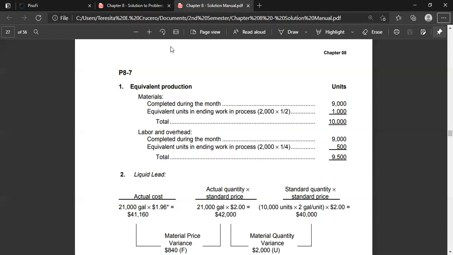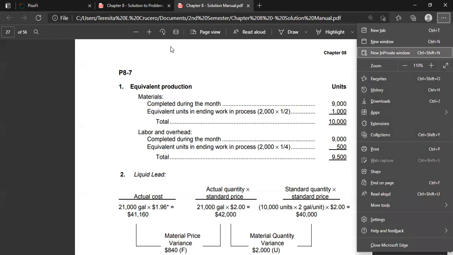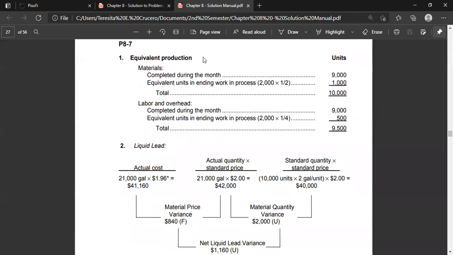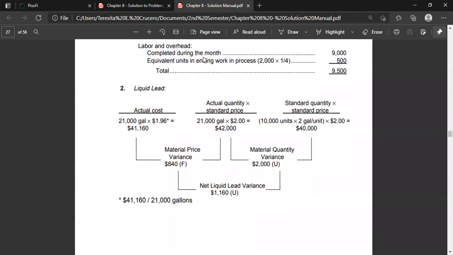So for the liquid lead, we have the actual cost. The actual cost is 21,000 gallons of liquid lead used. So we have now the unit cost of 1.96, no? So we have the computation of 1.96 here: 41,160 divided by 21,000 gallons.